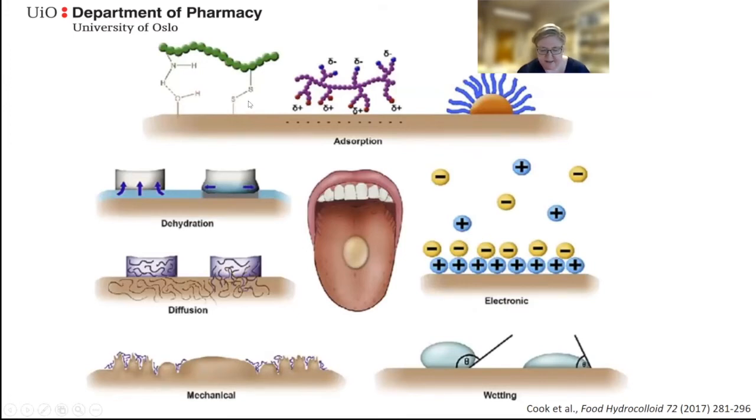It can also be dipole interactions or negative charges and hydrophobic interactions, and also a lot of other ways of interacting. It can be electrostatic interactions, it can be dehydration, it can be diffusion of a polymer into the mucin. Also mechanical interactions will happen. And then wetting is yet another theory of how the interaction happens.